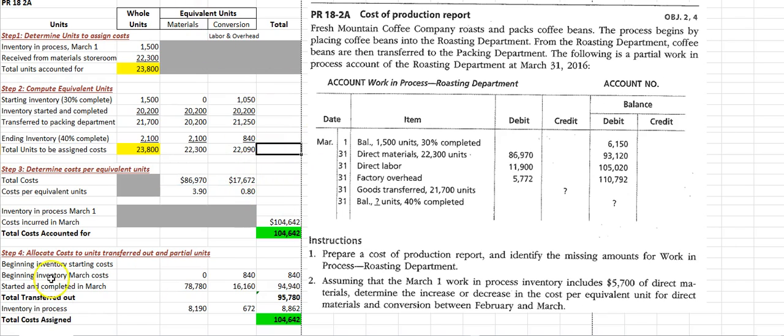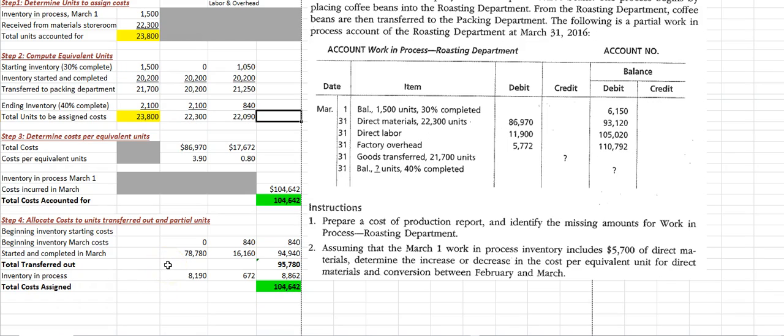So now we're going to start allocating it. Okay. So how much do I allocate to the different categories? Let's start allocating. That's step 4. Okay. Let's just put the 6,150 here, which we're not going to allocate, but that goes in the beginning.